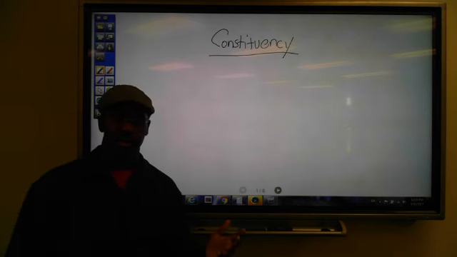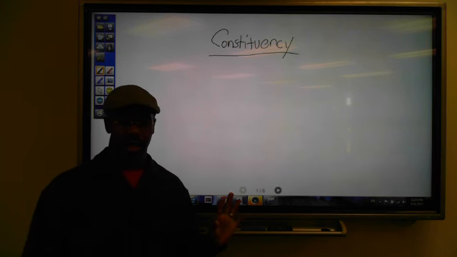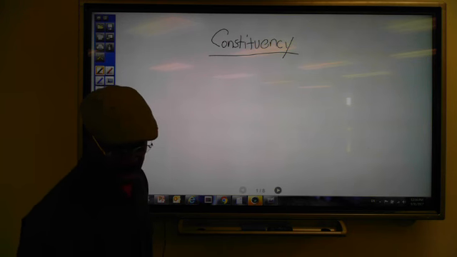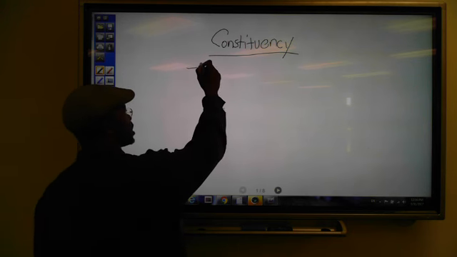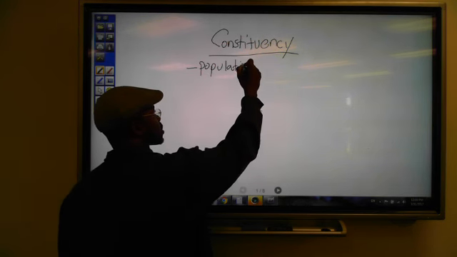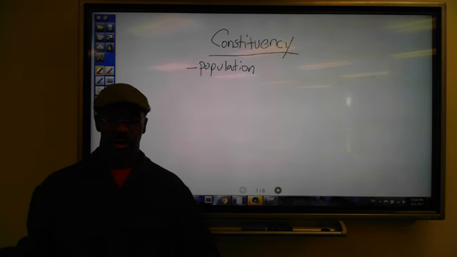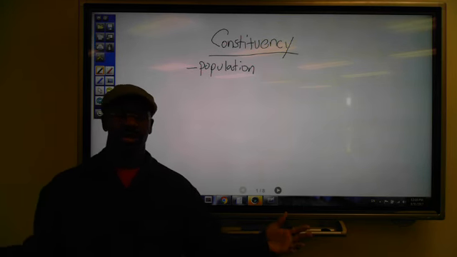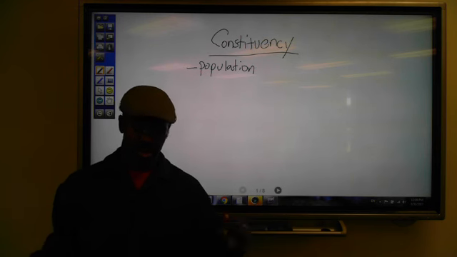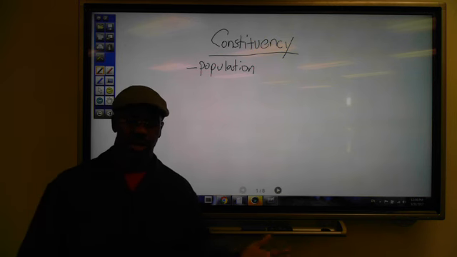Political scientists have noticed that there are effectively 4 constituencies for an elected official, and this is going to be very relevant for you. That first constituency is literally the population of whatever district or government that representative or elected official represents. So, perfect example, Donald Trump, he's the president of the United States.